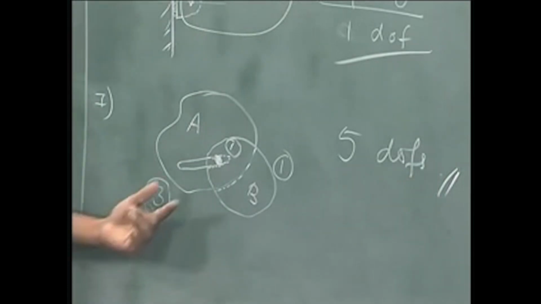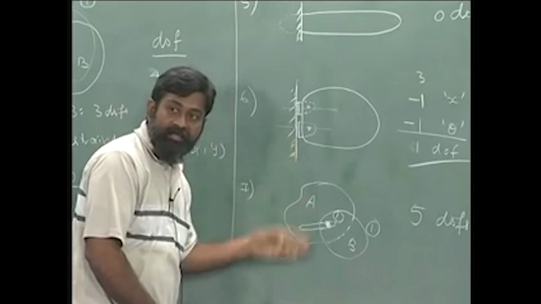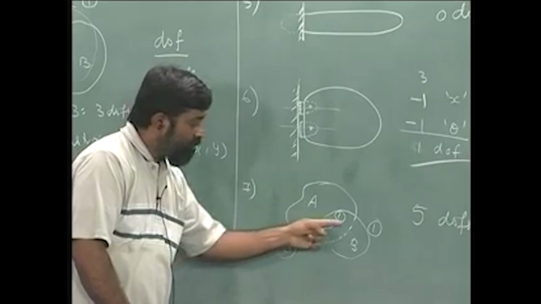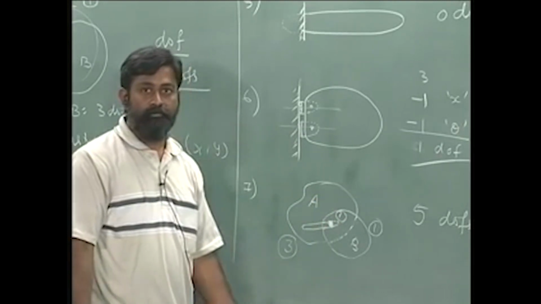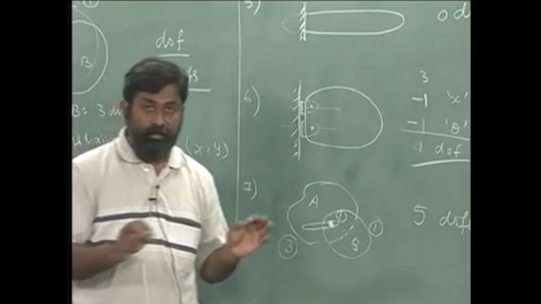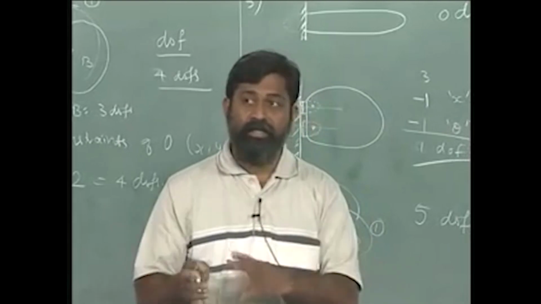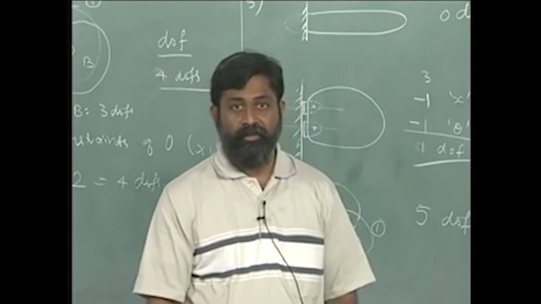The only motion here that is arrested between A and B is the translation vertical with respect to the slotted line that is shown here. I hope it is clear as far as the number of degrees of freedom is concerned. This will help us understand how to write equations of equilibrium. Thank you.